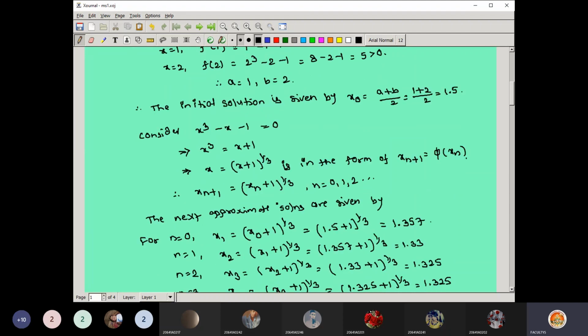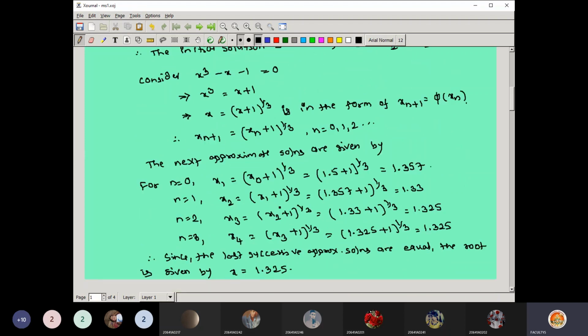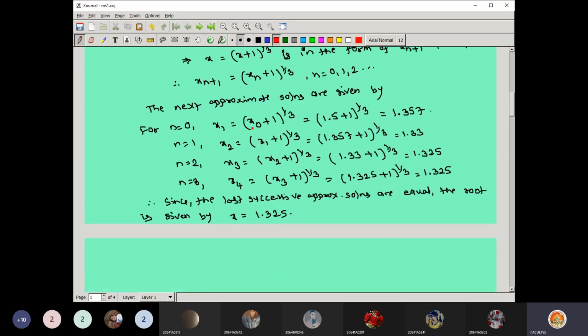Now you substitute different values for n in order to get the next approximate solutions. Repeat the same process until the successive approximate values are equal. Wherever you get equal values, you can stop the process. That gives the final answer for the given problem. Is it okay?